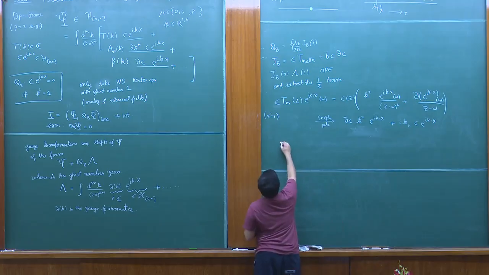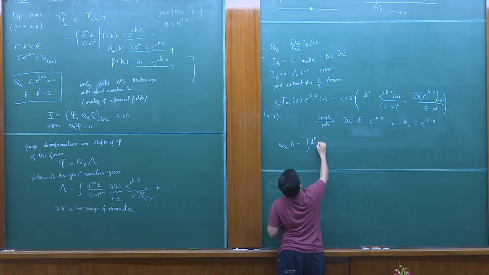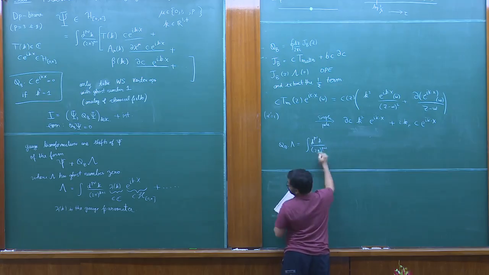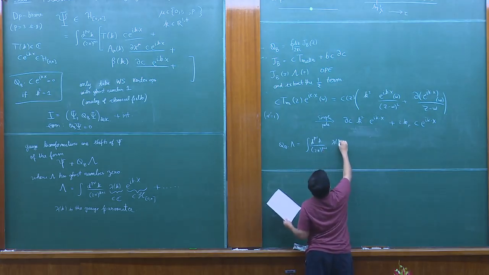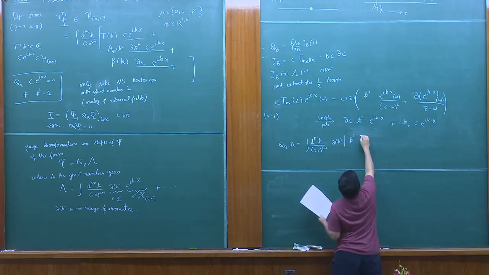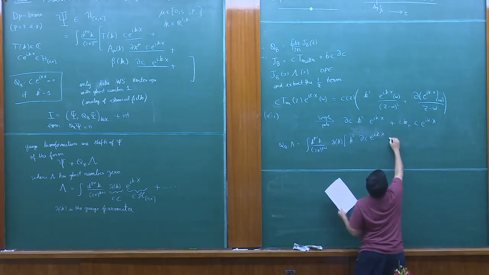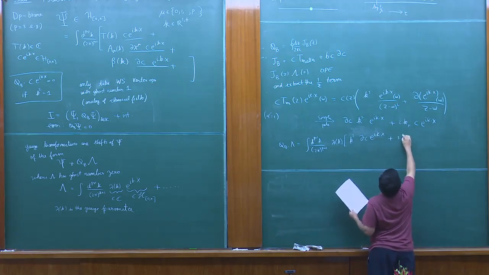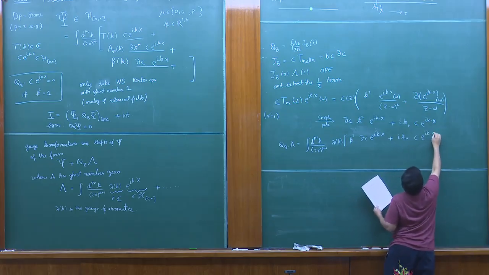So QB on lambda equals integral d^(p+1)k over (2 pi)^(p+1) times this lambda k, okay, and then k square del c e to the I k dot x plus I k mu c e to the I k dot x.